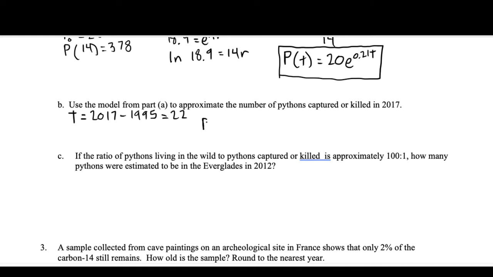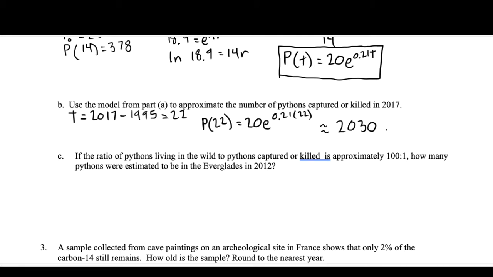I evaluate p of 22, which equals 20 times e raised to the power of 0.21 times 22. Plug that into your calculator and you get approximately 2030. So the estimated number of pythons captured or killed in 2017 is 2030.